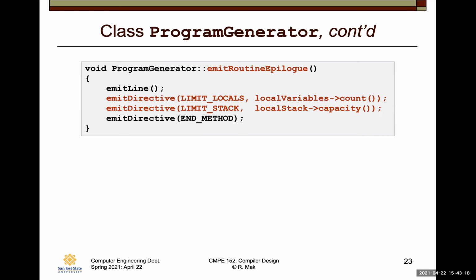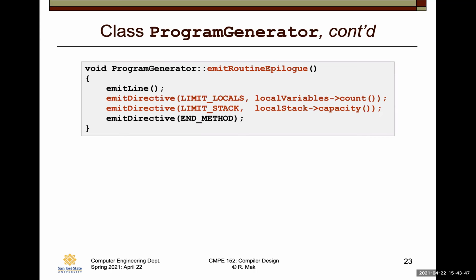Remember in my slides, I gave you a number of code templates that basically outline what code you should be generating for each of these statements. So after you've done the while loop, you should be able to do the if statement.